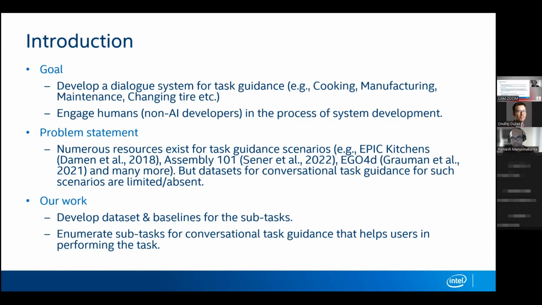For instance, cooking, really cool talk that we just saw, manufacturing, which involves a lot of task performances, system maintenance, for example, something is broken, we have to go and fix it. That's also considered task guidance, and other daily tasks like changing tires, for example. Developing a task system for such a task guidance scenario is our long-term goal.